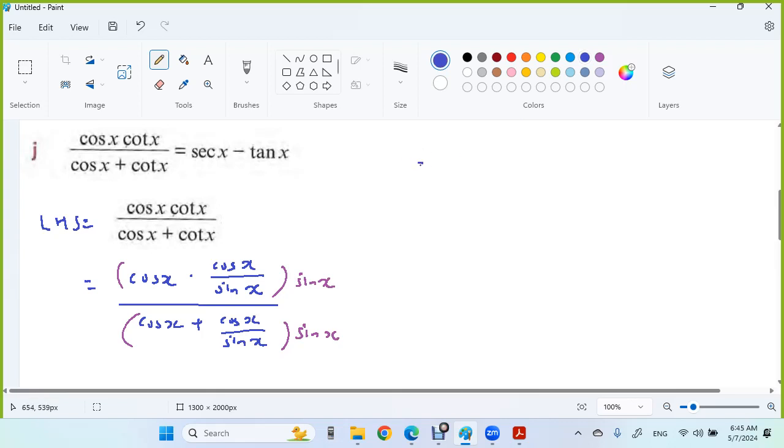Then this one we have the cos square x, and the whole thing will become the sine x cos x plus the cos x.